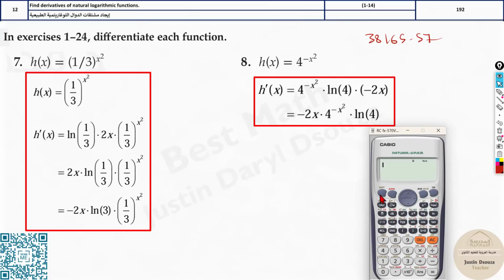Here again it's the same thing. The derivative is shift dy by dx, 1 by 3 to the power x squared. So x squared. Now take an x value of 2. The answer is negative 0.054. I'm just going to keep it in mind, but in the exam, write it down. And then over here, minus 2x ln, that's natural logarithm of 3, multiplied with 1/3 to the power x squared.